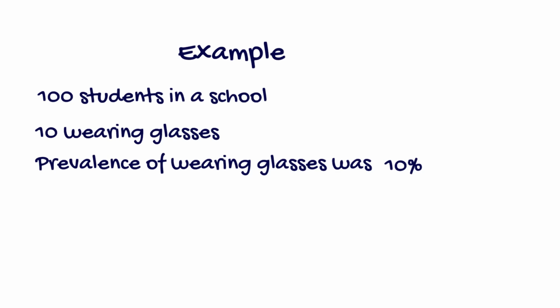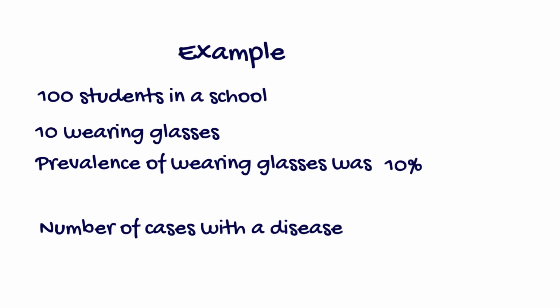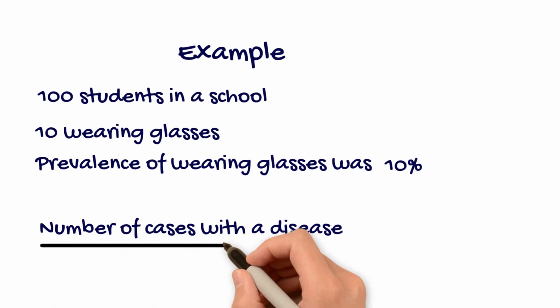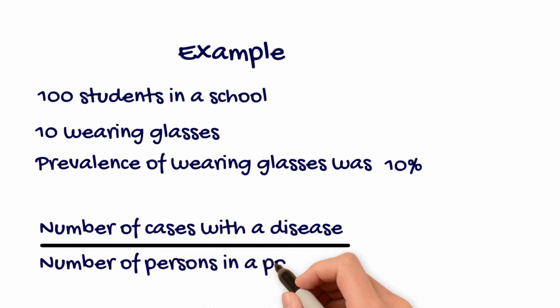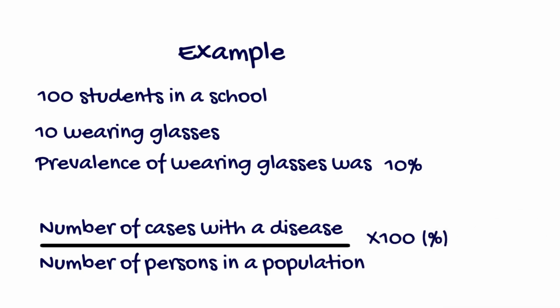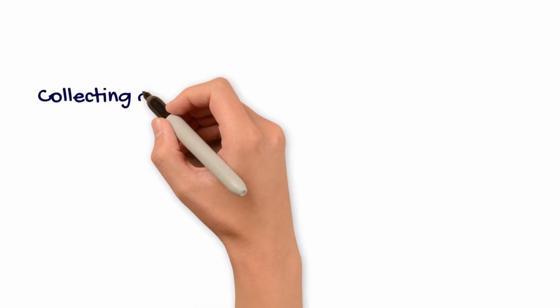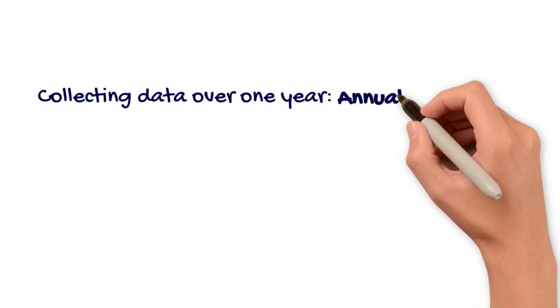Prevalence is calculated by using the number of cases with a disease divided by the number of persons in a population. It can be expressed as a percentage by multiplying by 100. If we collect data on the number of cases over 1 year, it's called annual prevalence.